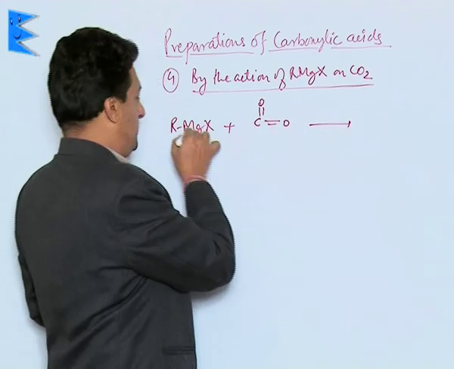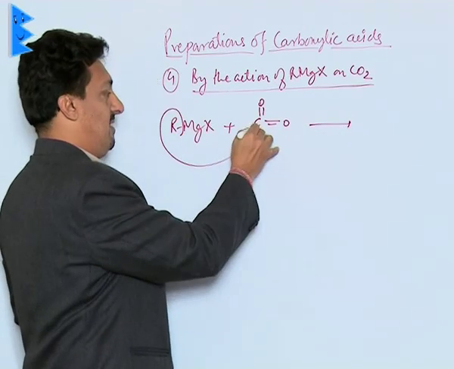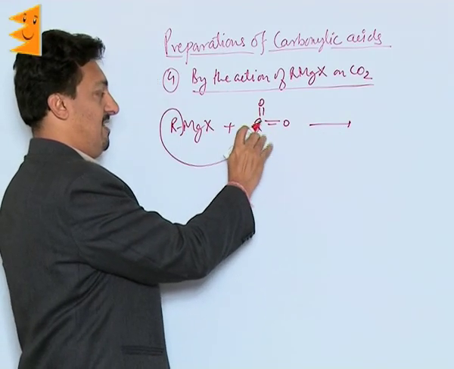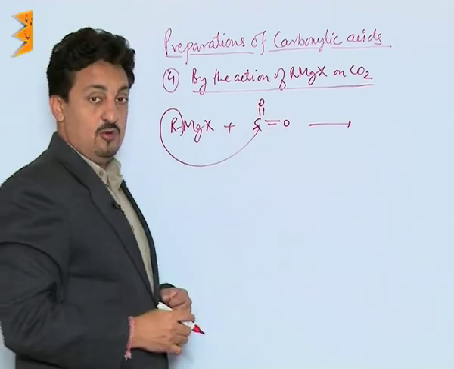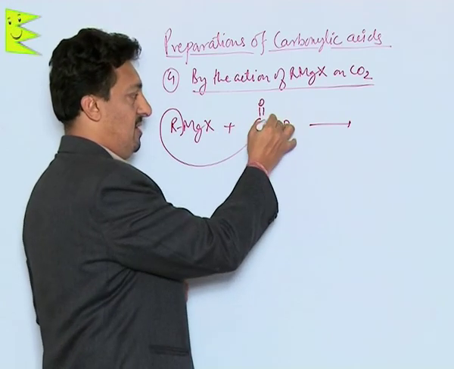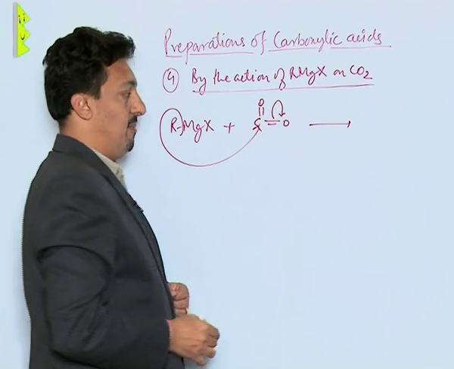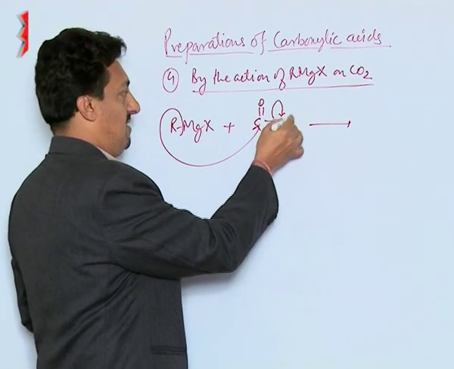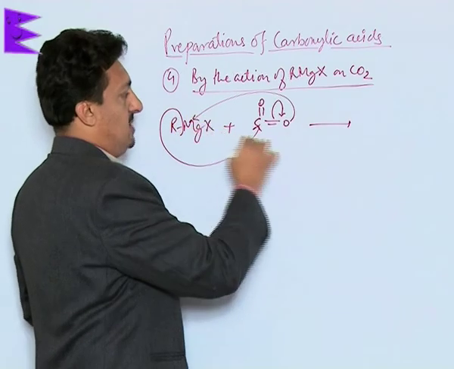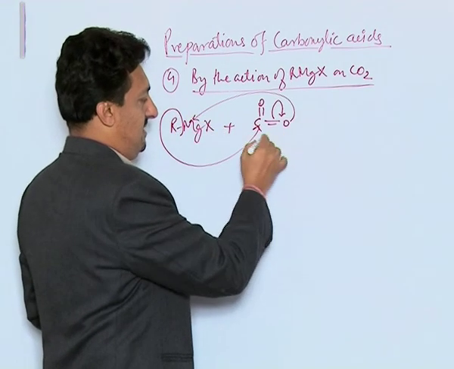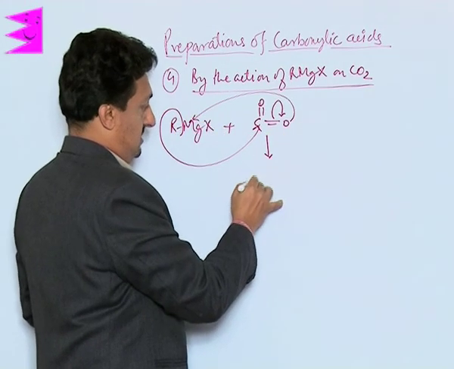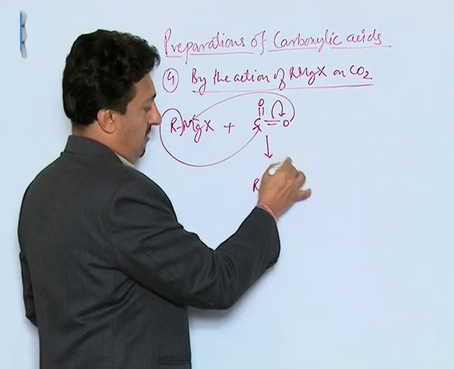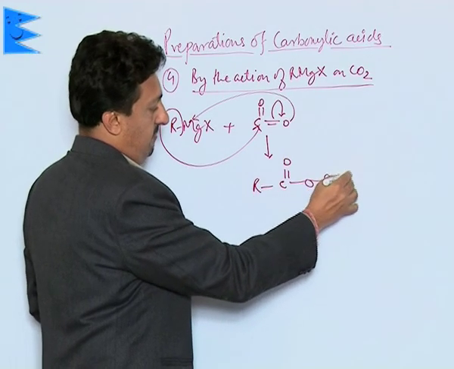As a result, this alkyl's attack as a nucleophile takes place on this carbon of the CO2 molecule, which results in the shifting of one of the pi bonds to one of the oxygen atoms. Therefore, this oxygen will attract this Mg. So what exactly we get is R C=O O MgX.